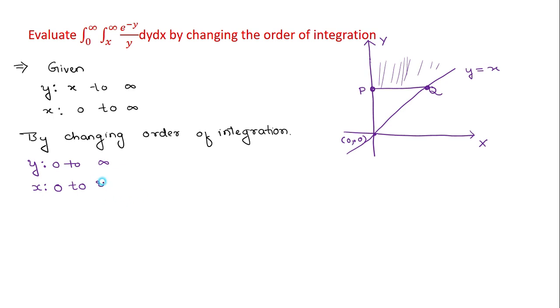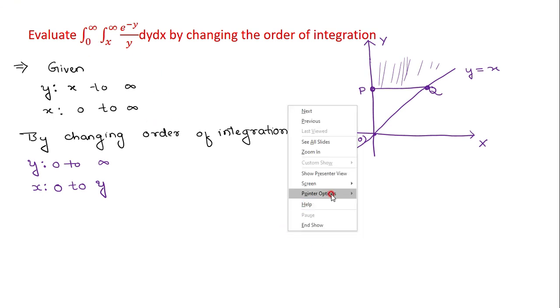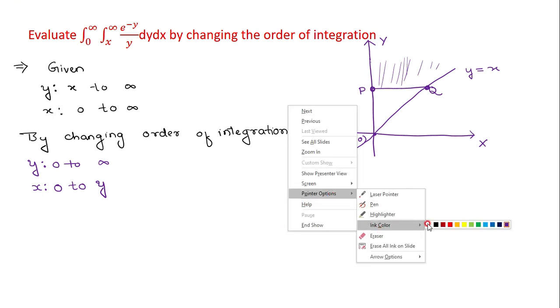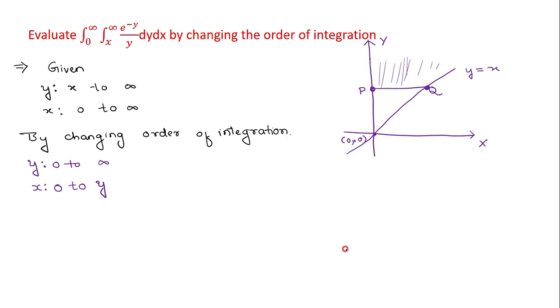So it is y. So by changing the order of integration, we have the limits of x as 0 to y and the limits of y as 0 to infinity. So y is from 0 to infinity and x is from 0 to y.